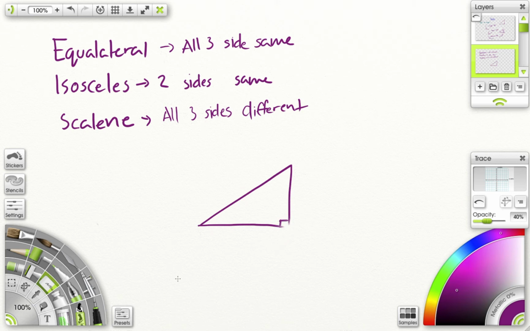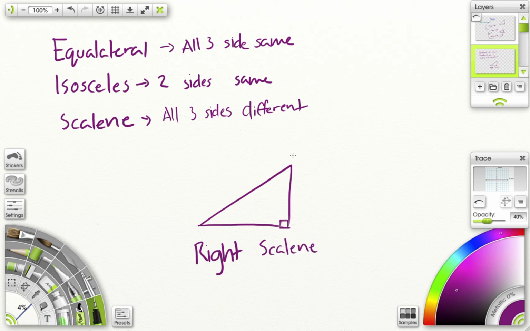Right off the bat, I know that this is a right angle triangle because of that little box in the corner. So it's called a right something. What type of triangle of these three is it? Are all three sides the same length? Nope, clearly not. Are two of the sides the same length? Nope, can't see it. So that means it's a scalene. All three sides are different. So in this case, this triangle is called a right scalene.